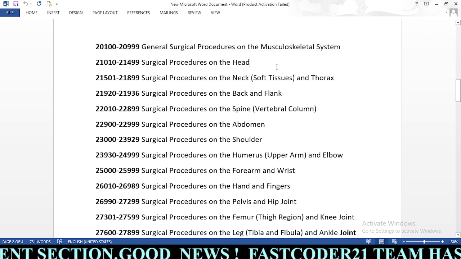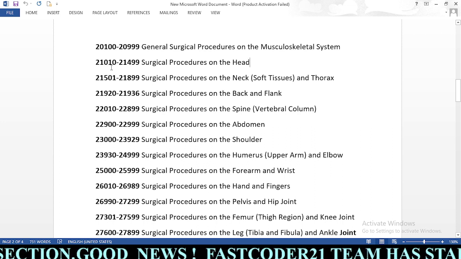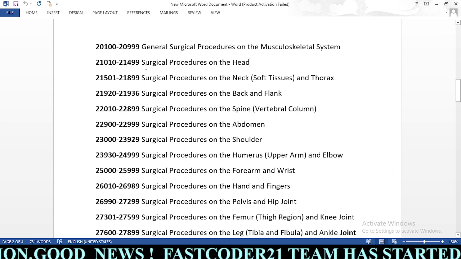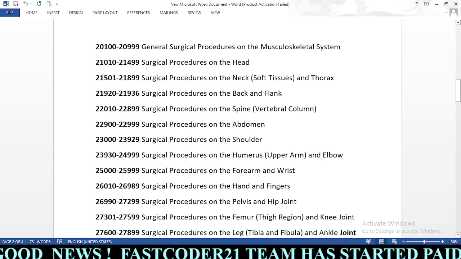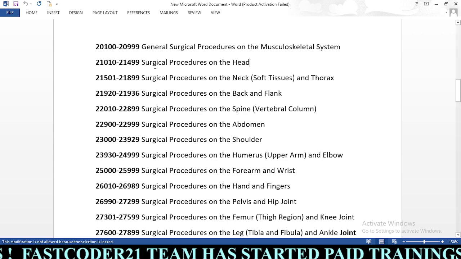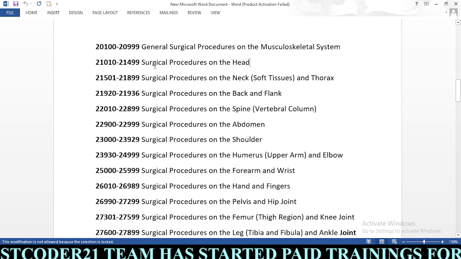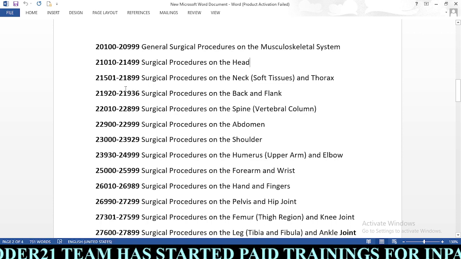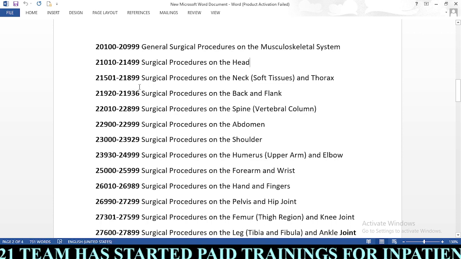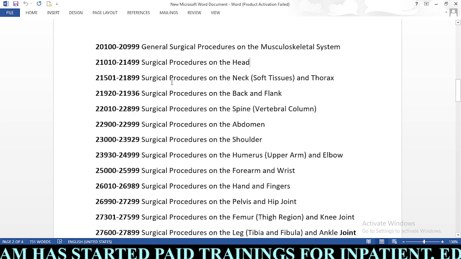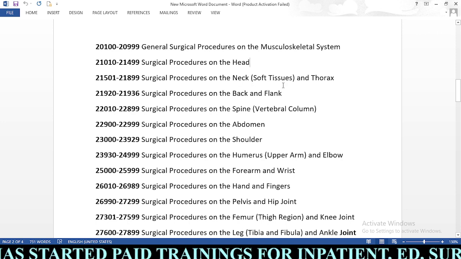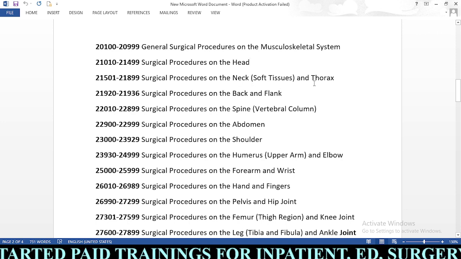If you go further down, 21,010 to 21,499 includes surgical procedures on the head. And 21,501 to 21,899 includes surgical procedures on the neck, soft tissues and thorax.